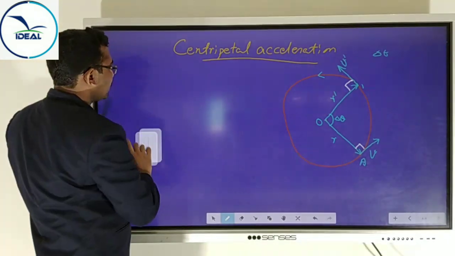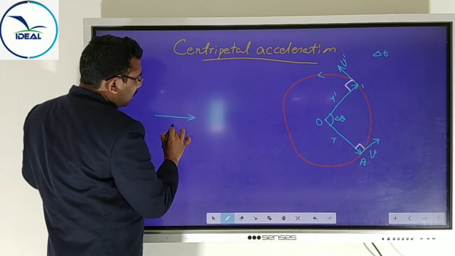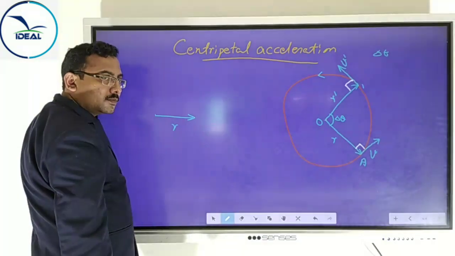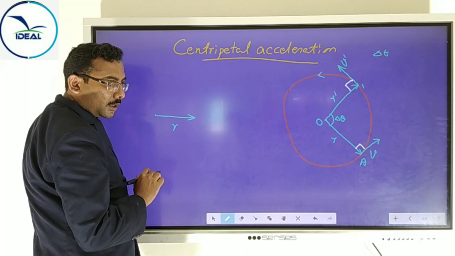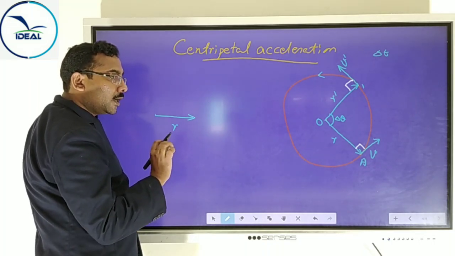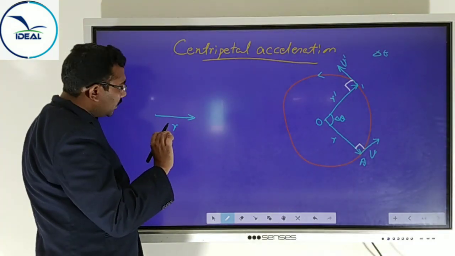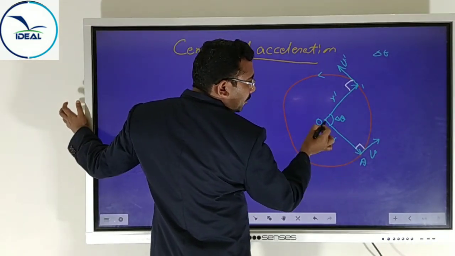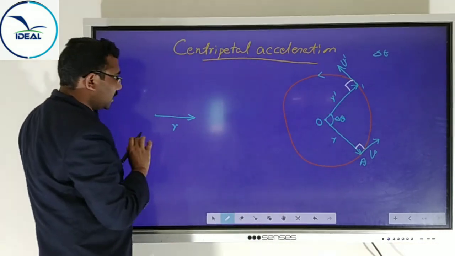Another example. Suppose this is the initial position vector r. What do you mean by position vector? Here we call radius vector. In 2 dimension, the displacement is represented by a vector called position vector. It is drawn from origin. This is another radius vector r dash.